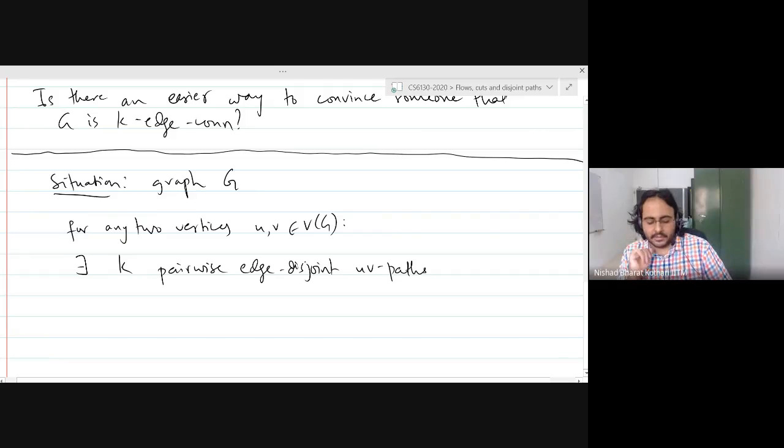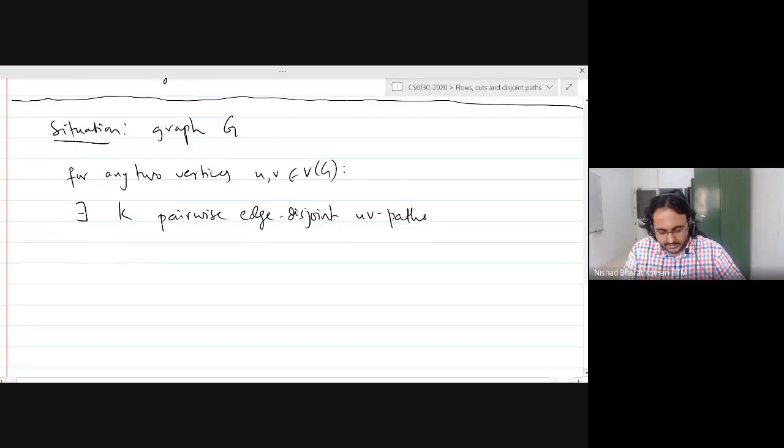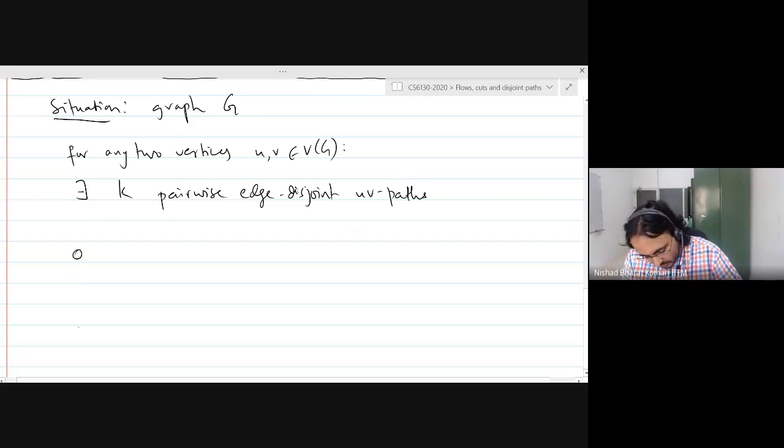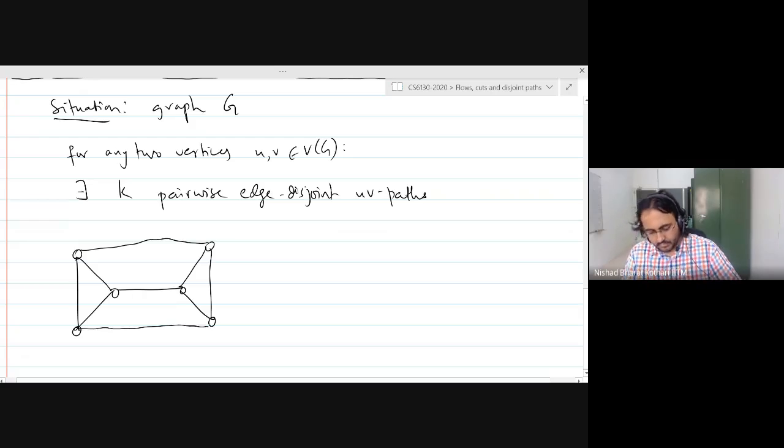Supposing I tell you that this is true. I have given you a graph G. For any two vertices in this graph, there exist k pairwise edge disjoint UV paths. What do I mean by this? Let me give you an example. Actually, let me change the notation slightly to make it easier later.